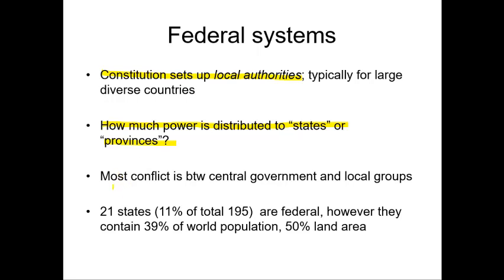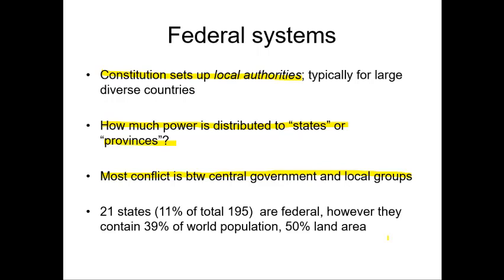So what we have here is a lot of conflict in these federal systems, not necessarily between states and central government. The states are given considerable power and considerable autonomy to run their state systems, but there is a lot more conflict between local groups who aren't satisfied with central government or federal government.